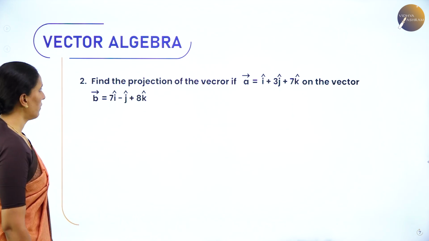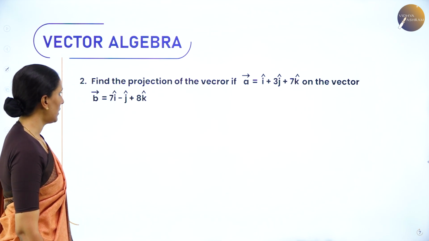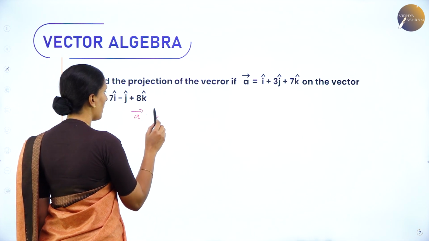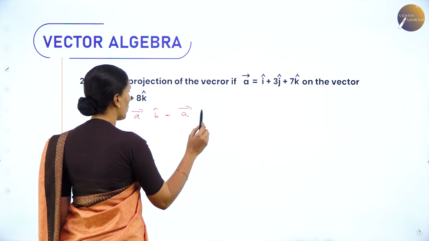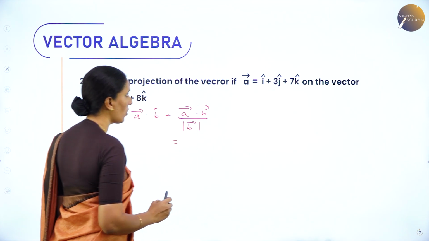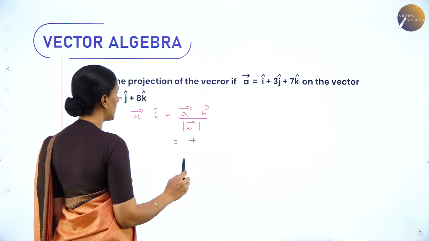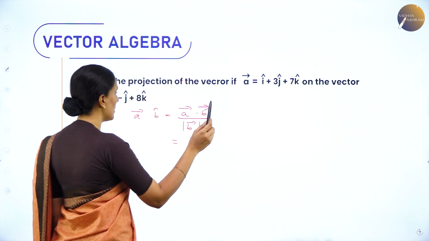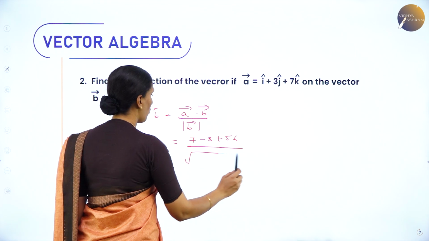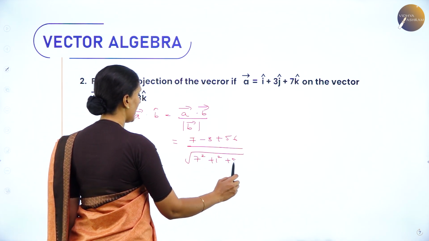Find the projection of vector A on the vector B. So we again need vector A dot B cap, which is A dot B divided by magnitude of B. So A dot B means i into i component, 1 into 7, 7, 3 into minus 1, minus 3, 7 into 8, 56, whole divided by magnitude of B, which is 7 square plus 1 square plus 8 square.